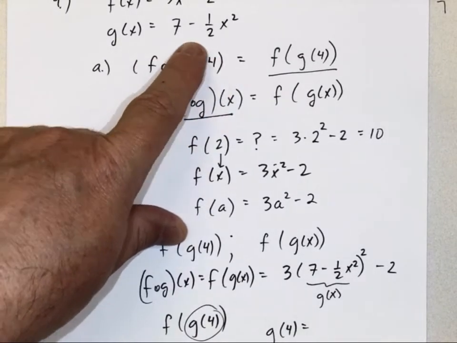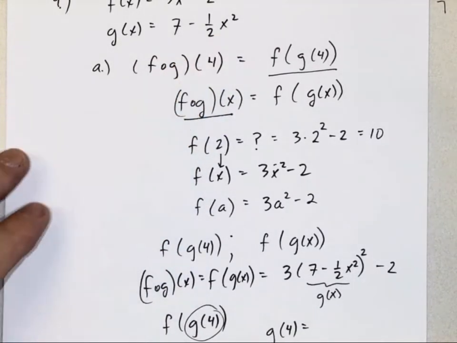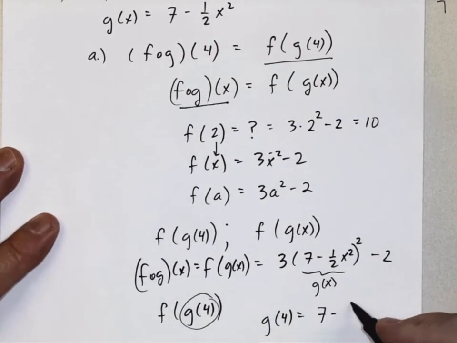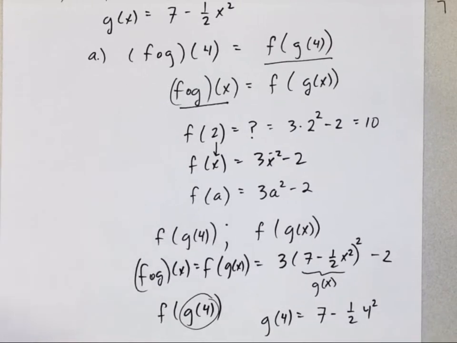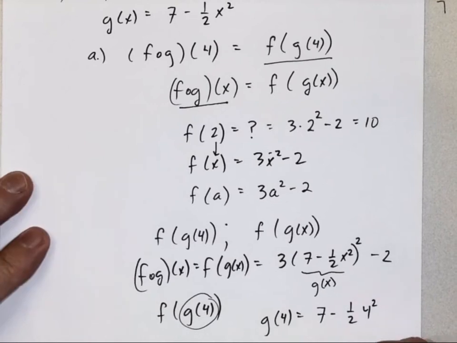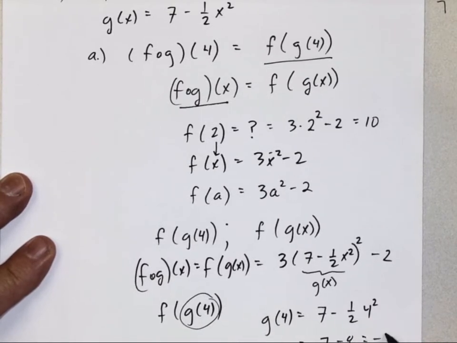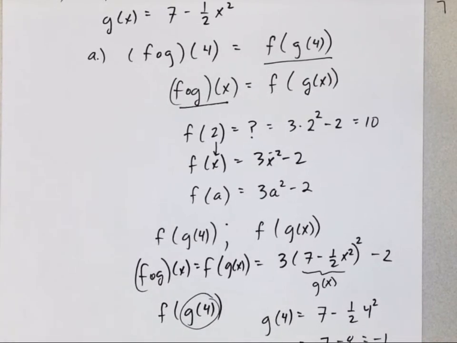So g of 4 means I simply put a 4 in for x. So I would have g of 4 equals 7 minus 1/2 times 4 squared. 4 squared is 16. 16 over 2 is 8. I think I end up with minus 1.